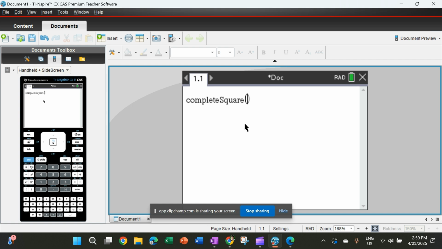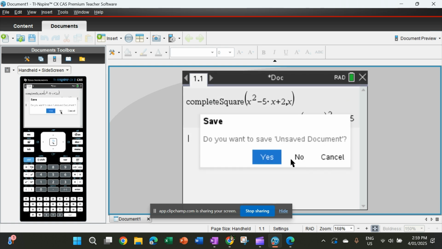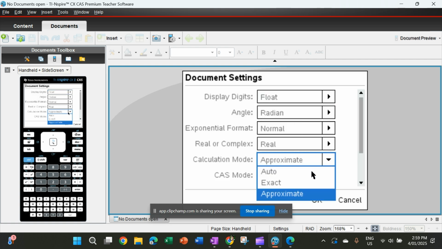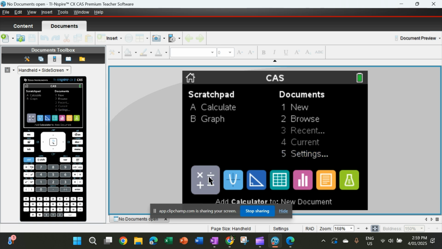If I put anything, for example x squared minus 5x plus 2, comma x, which is solve for x, this is the complete square for you guys to understand. And if you come up with decimals, I want you to go back to the settings, document settings, and in Proxima we go into exact, and that will help you.